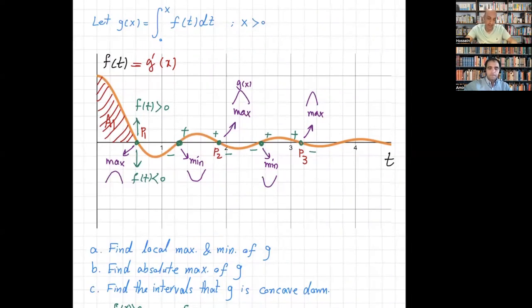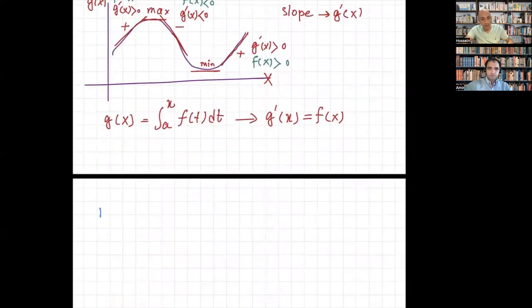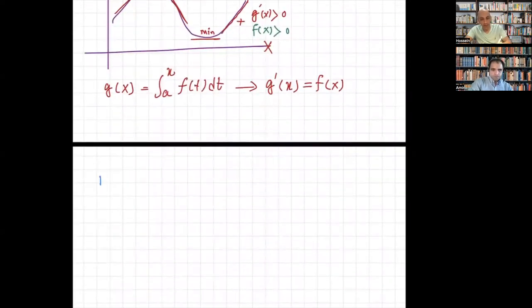The value of g at P1, if we wanted to calculate it, is this integral from 0 to P1. So I'm going to write that down here: g at P1 is equal to the integral from 0 to P1 of f of t dt.